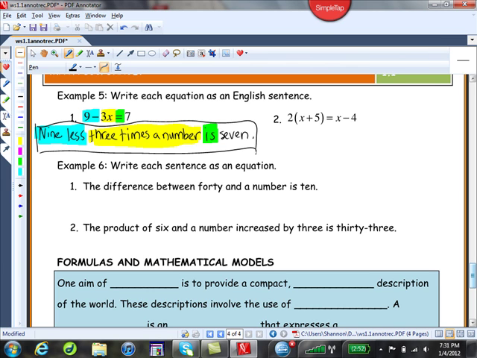All right. So here we've got this quantity in the parentheses. So we'll start with our 2 times the sum of a number and 5.